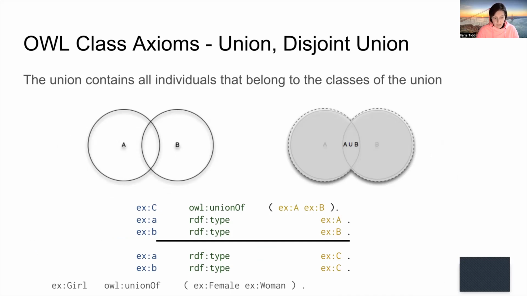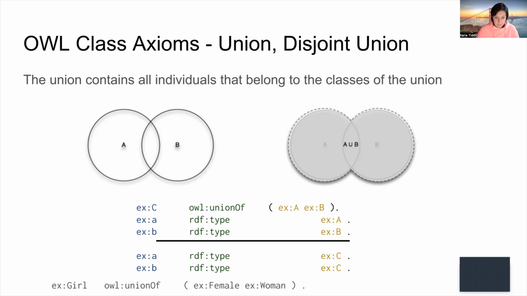A good example in this case is girl is the union of female and woman. So for every individual declared as an instance of the girl class, we can infer that the instance will automatically be also of type female and also of type woman.